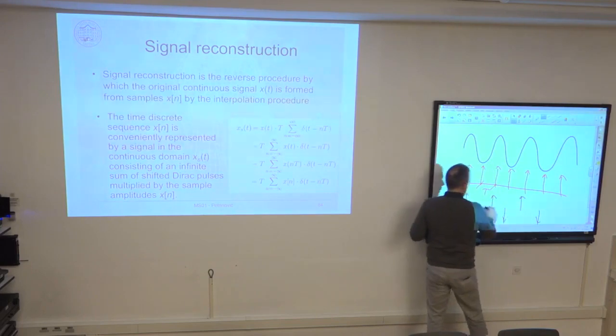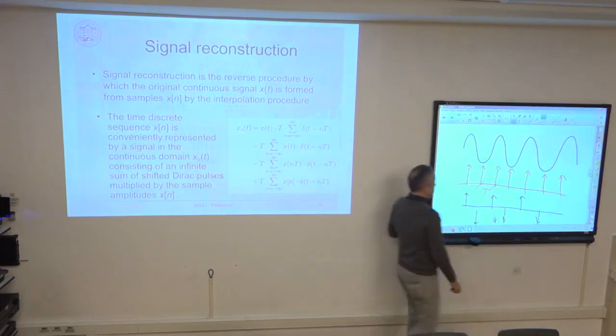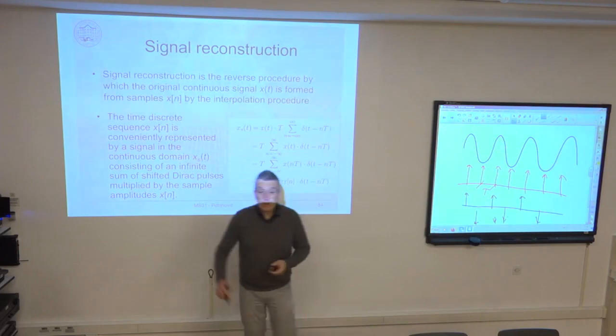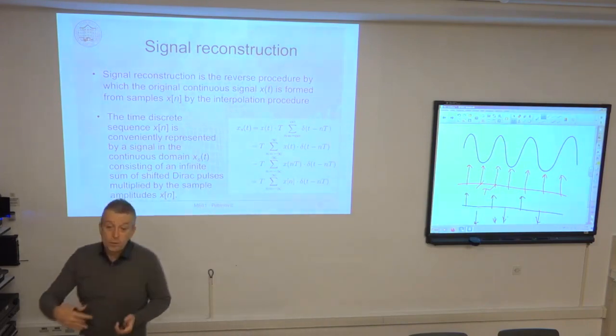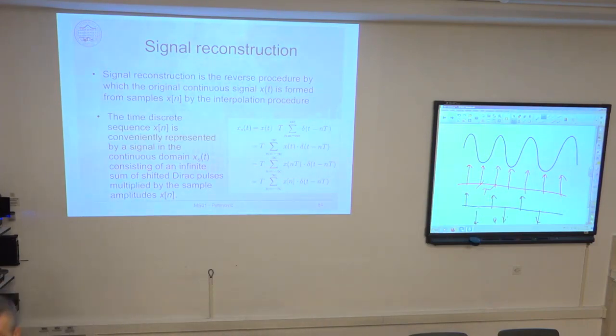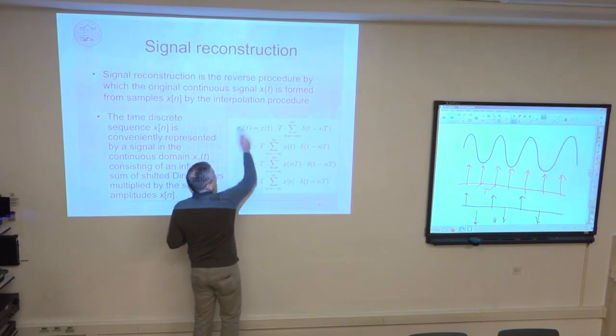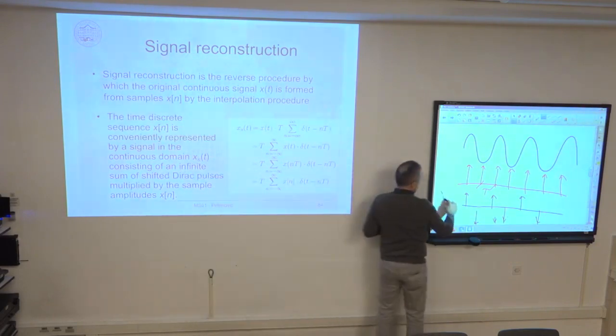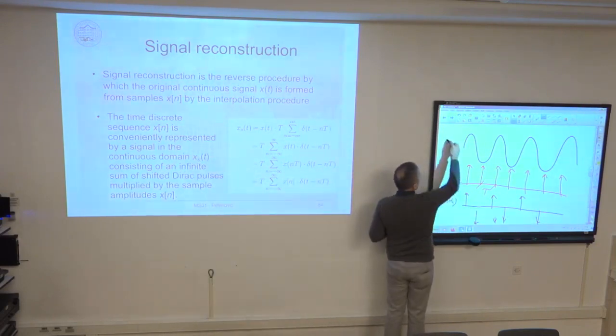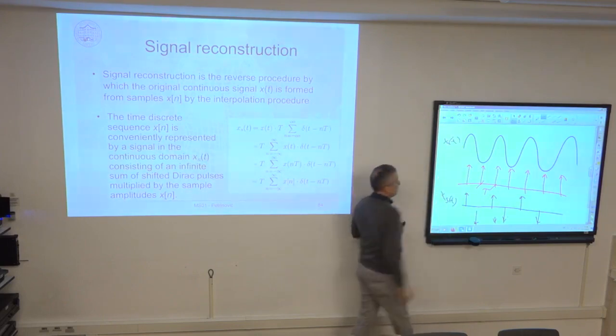So I get again a periodic train, but each of these delta functions is modulated by the value of the signal at that particular time instance. And this signal is xs of t, while this blue one was x of t.